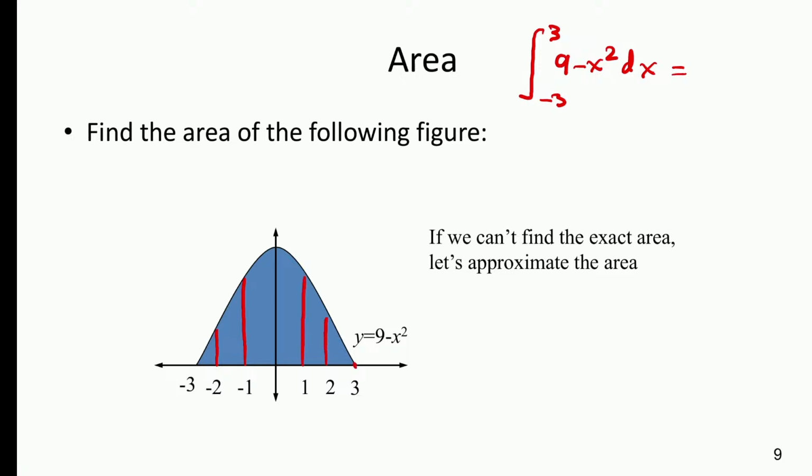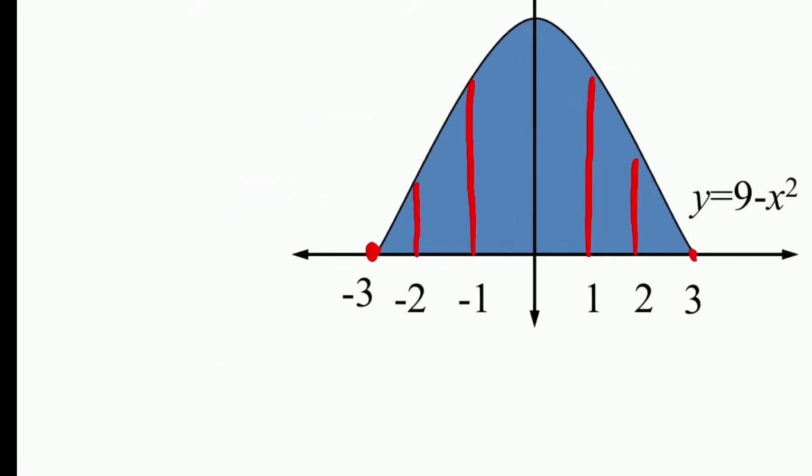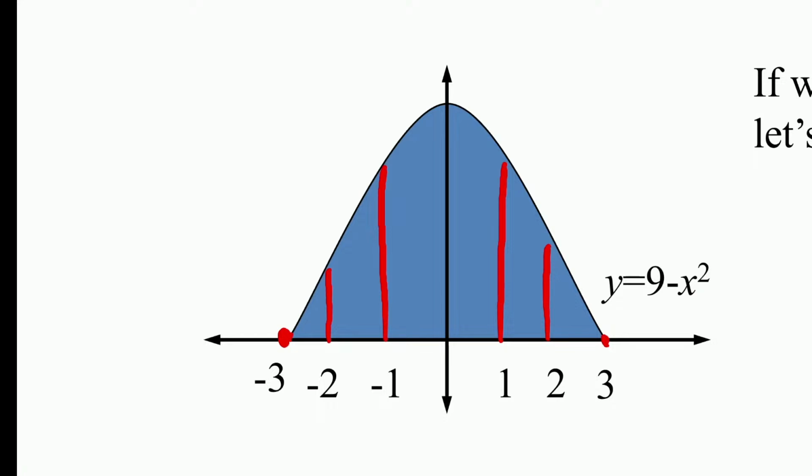So there they are. If we're using left endpoints, what that means is that the height of the rectangle will match the left endpoint. So the first one is boring. The second one is more interesting.